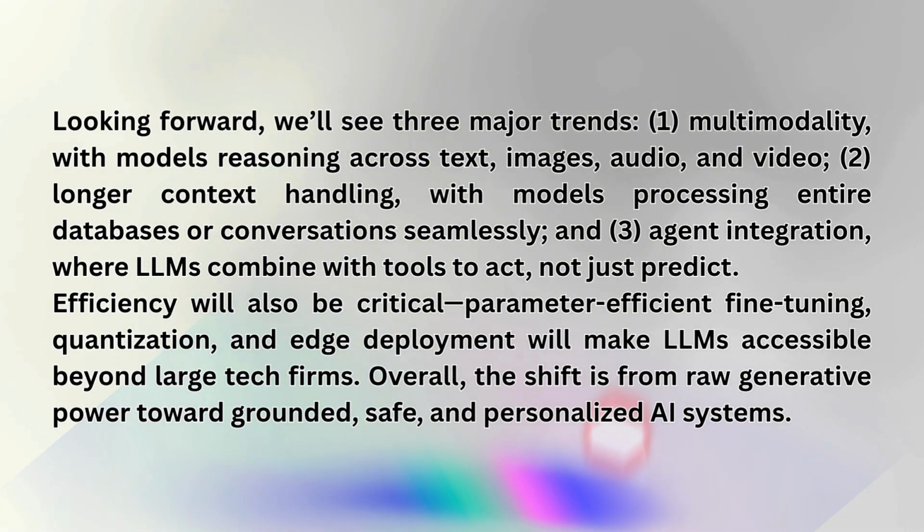And 3, agent integration, where LLMs combine with tools to act, not just predict. Efficiency will also be critical. Parameter-efficient fine-tuning, quantization, and edge deployment will make LLMs accessible beyond large tech firms. Overall, the shift is from raw generative power toward grounded, safe, and personalized AI systems.